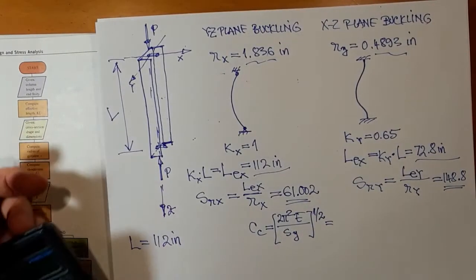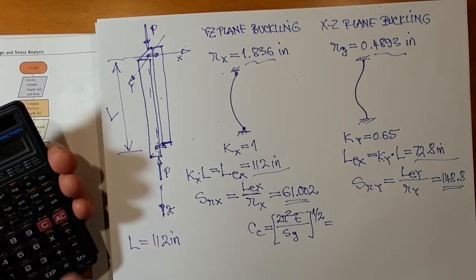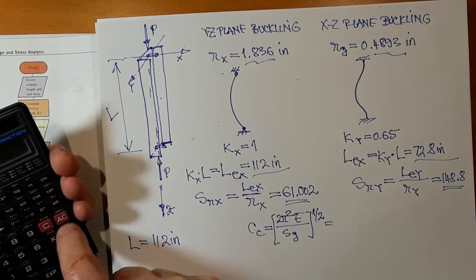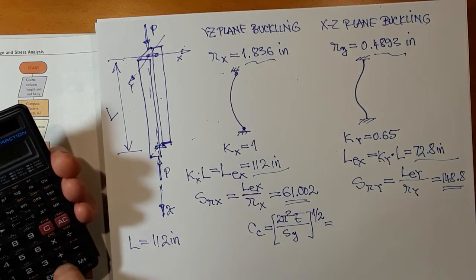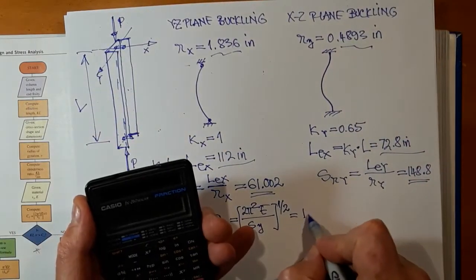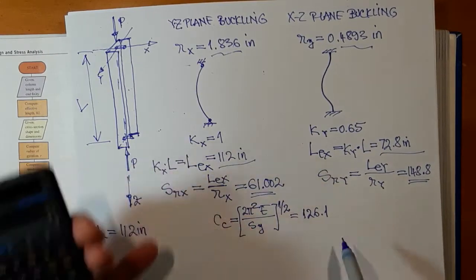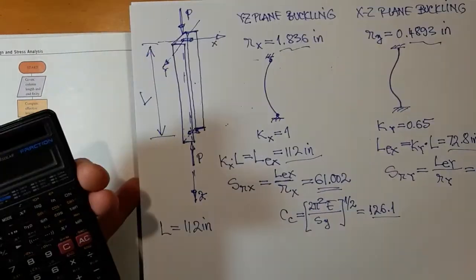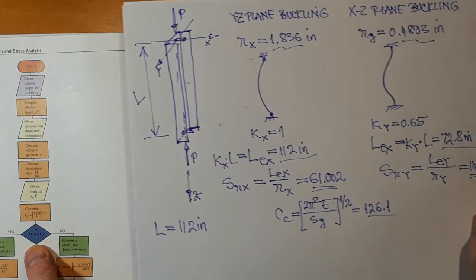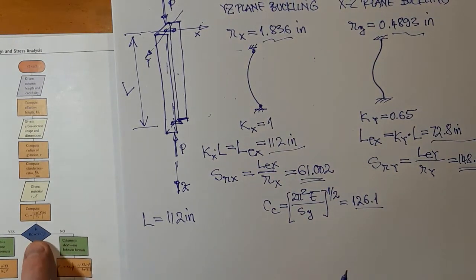So we have 2 times pi squared times 29 exponent 6 over 36 exponent 3. Take the square root. So it's 126.099, 126.1.